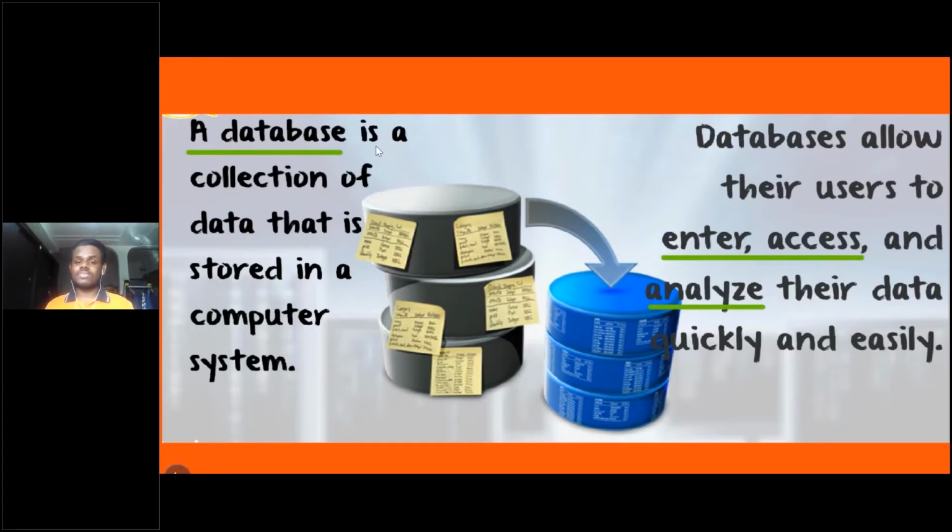All those data are collected into a database, which is a system that allows users to enter, access and analyze their data and quickly and easily retrieve it. So that is what is meant by database.